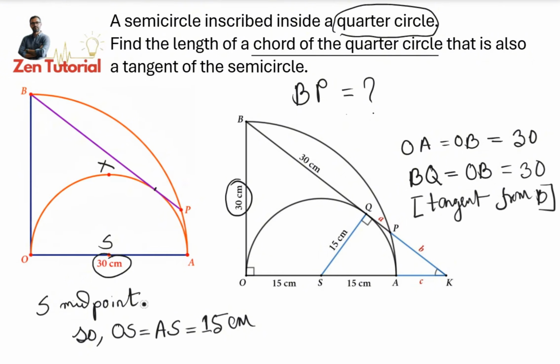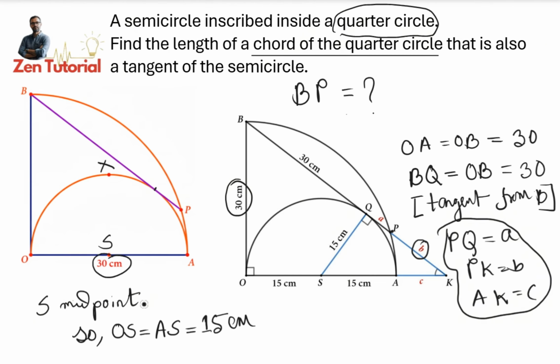Now to solve this problem, let's assume that PQ, so this point is P, and the tangent point Q, this PQ, let's say A, as well as KP, with OA extended to K, it means PK is equal to B, as well as AK is equal to C. We assume these three.